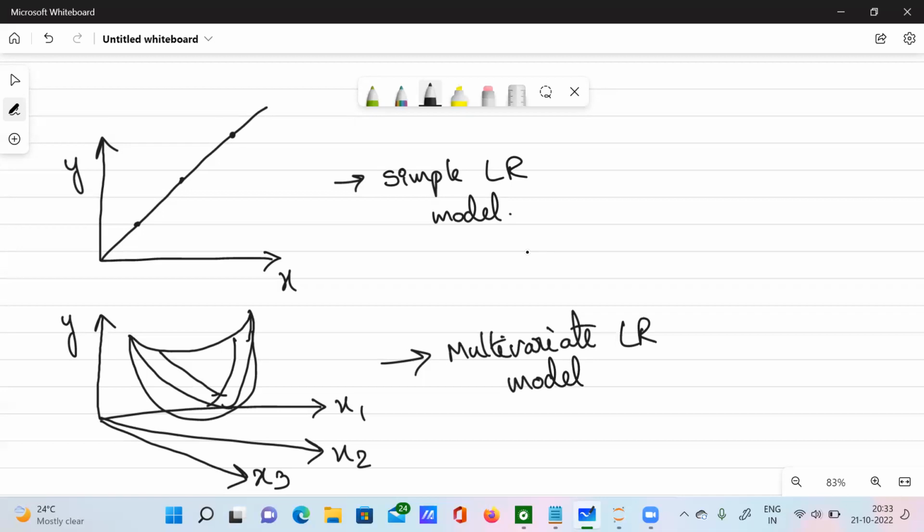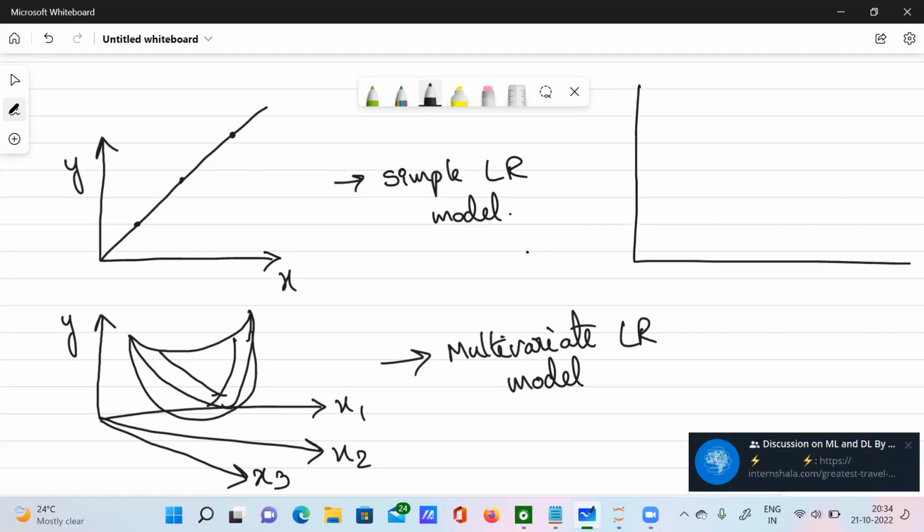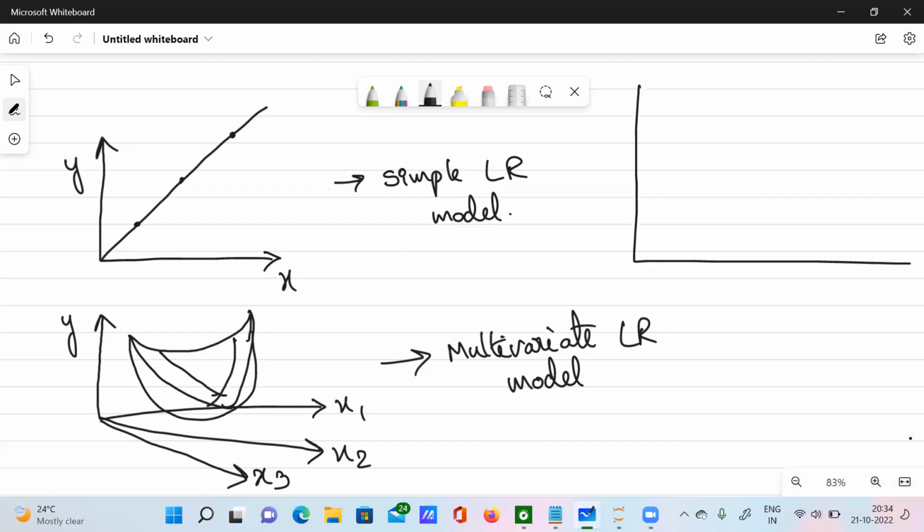And do you know why it is a straight line here and why it is not a straight line here? Because if you have more than one variable, let's say three variables, and you want to plot that particular model, you'll just plot the points, but it won't be a straight line anymore.